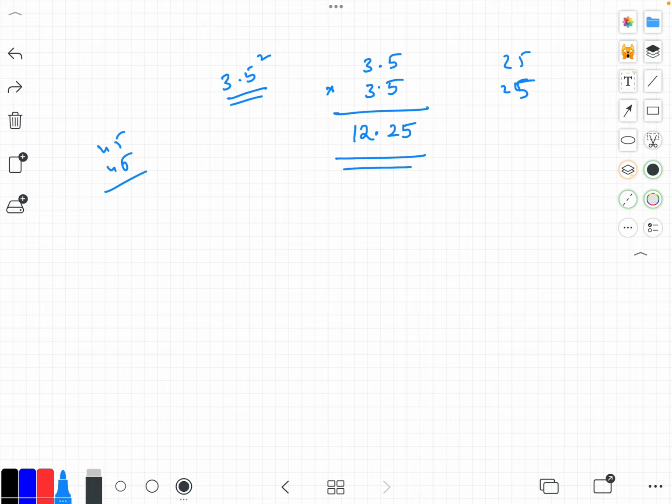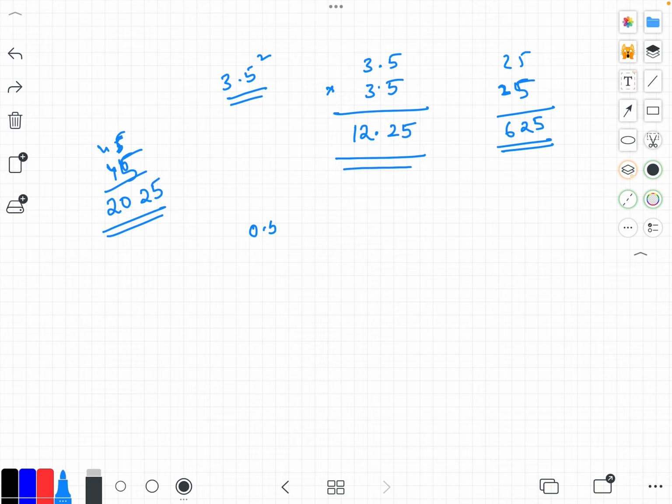Say 25 25, you can check. 5 5s are 25, you can write. After 2, what is the next number? 3. So 3 into 2, 6. 625 is your answer. Say 45. 5 5s are 25, you can write. After 4, the next number is 5. 5 4s are 20. So this is a shortcut for numbers ending with 5. Okay, this is a trick.